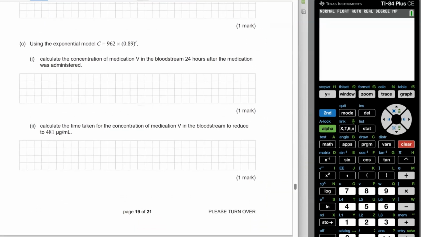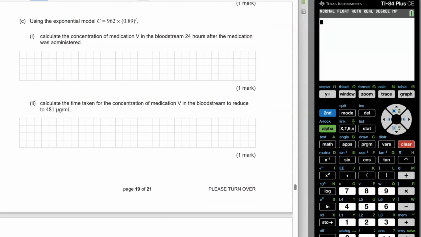Okay, so now we're actually going to use the model given to us. Using this C equals 962, we want to calculate the concentration of this medication 24 hours after the medication was administered. We're talking about hours, so I'm going to write here that t is equal to 24.